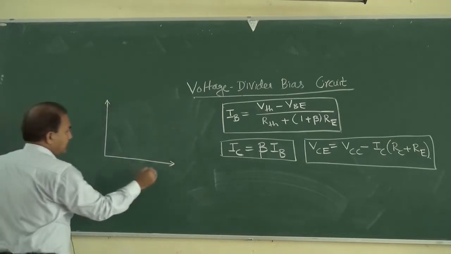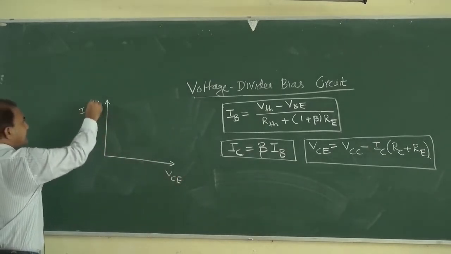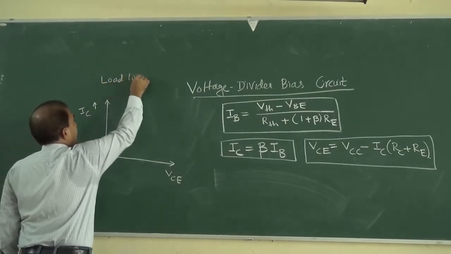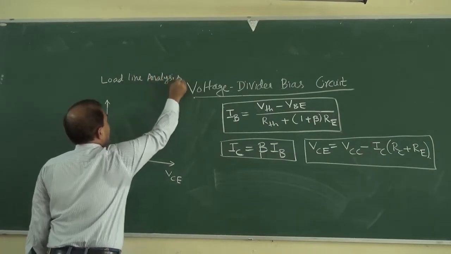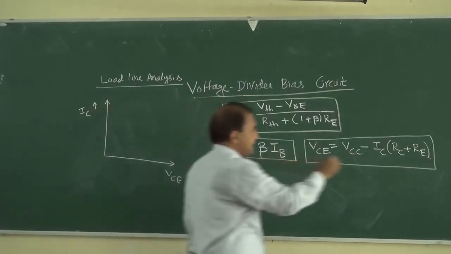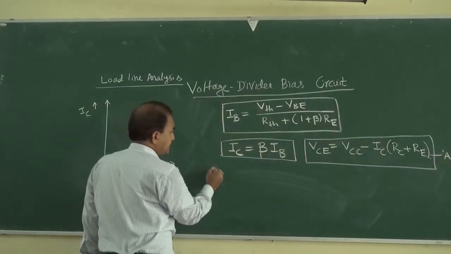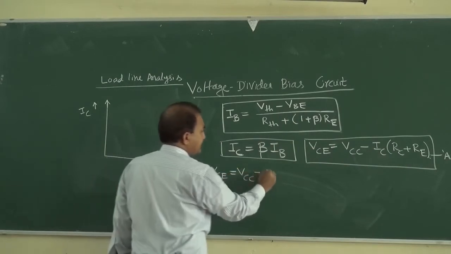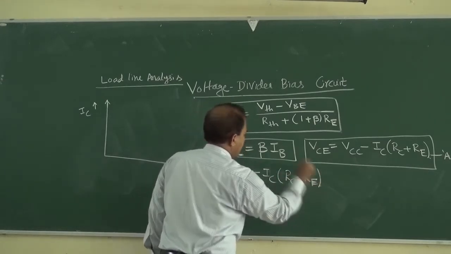Okay, so it is VCE and here it is IC. So this graph is load line analysis. Okay. Now, suppose this equation is A. So from equation A we can write VCE equal to VCC minus IC into RC plus RE.